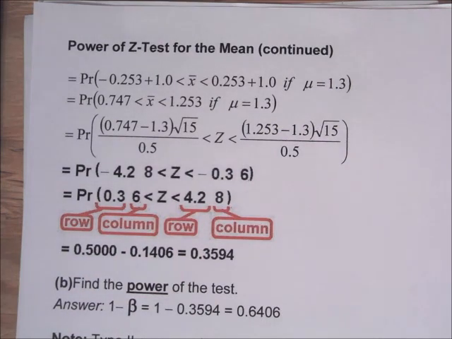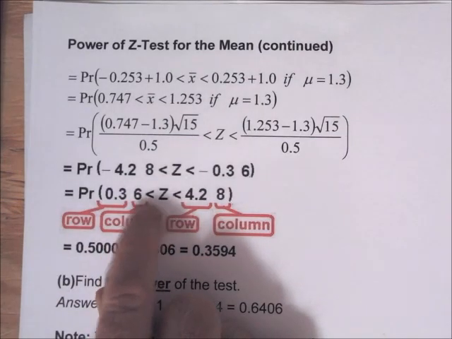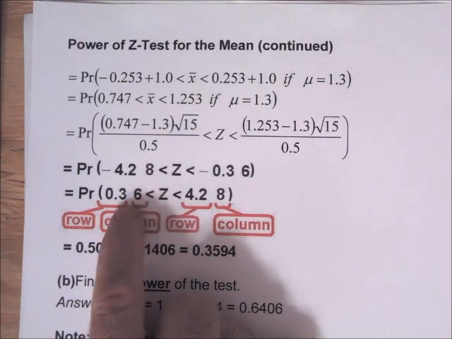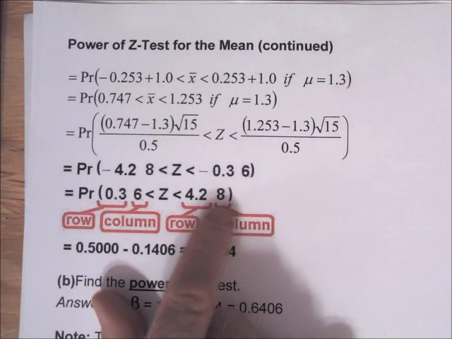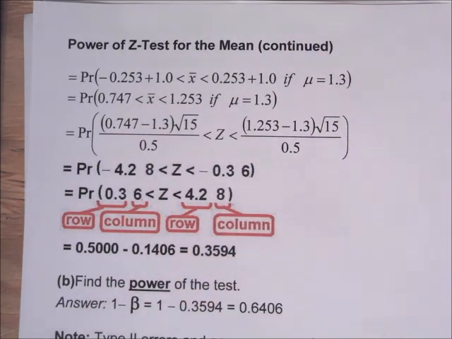Because our table is not set up with negative z-scores, because of symmetry this is going to be the same probability as the probability of z between a positive 0.36 and a positive 4.28. Look up both numbers in the table and subtract.